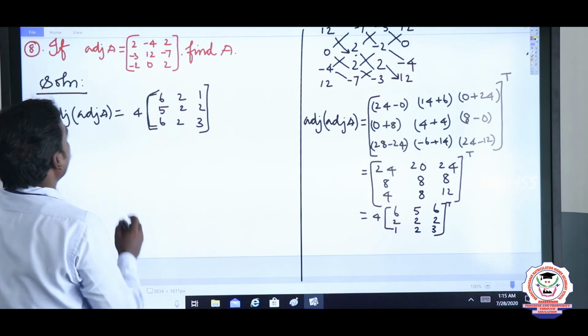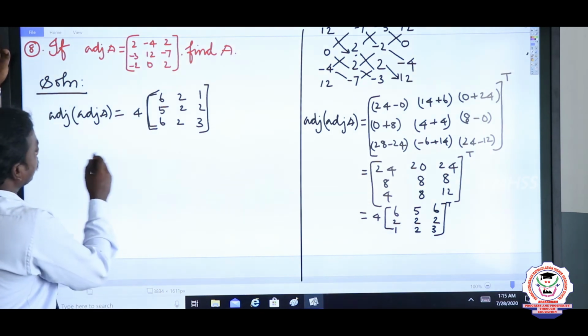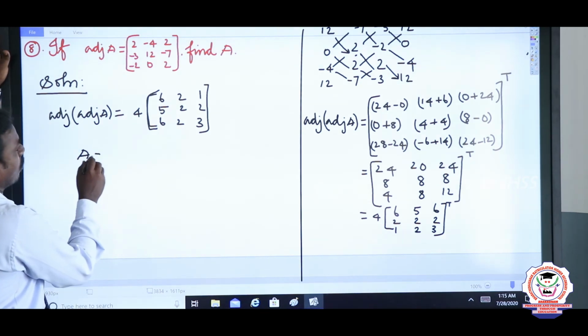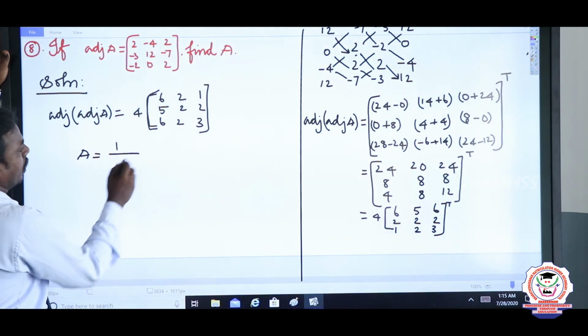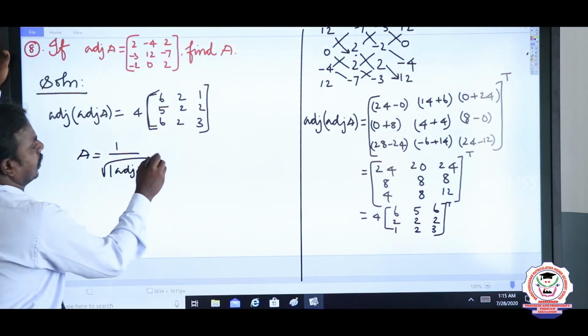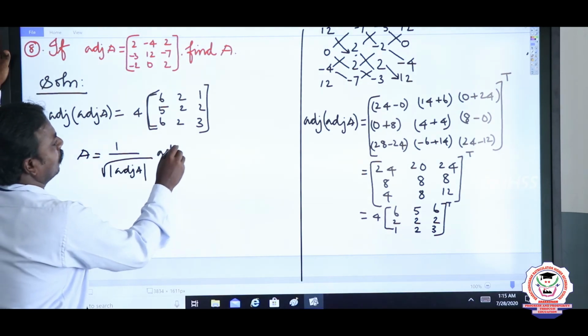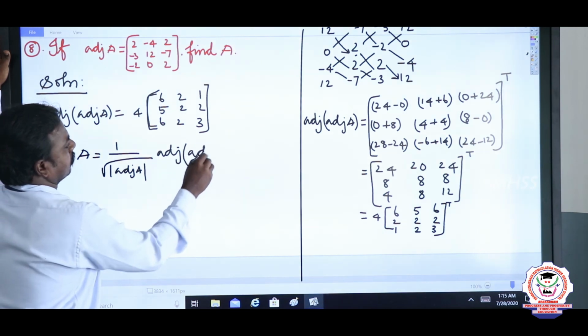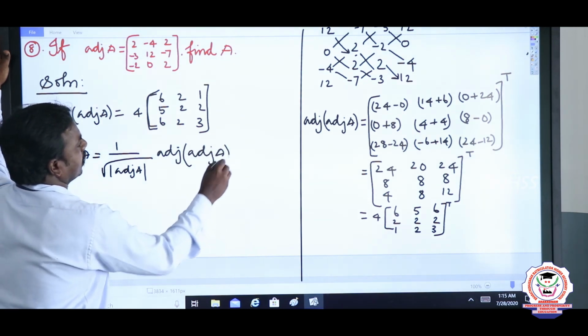Now I am going to find A. So already we know the formula, A equal to 1 by square root of determinant of adjoint of A into adjoint of adjoint A, very simple.